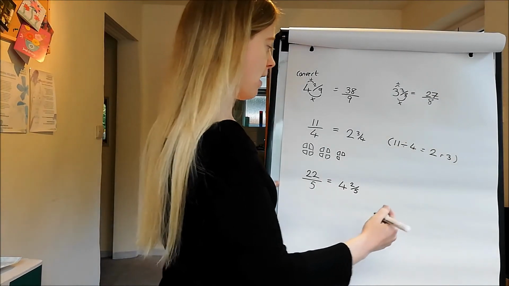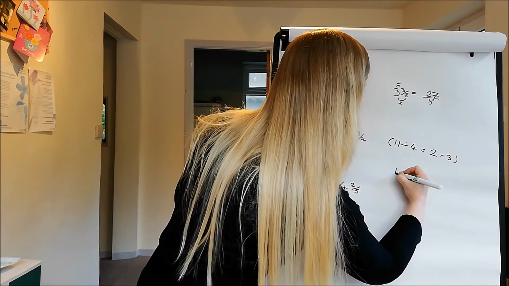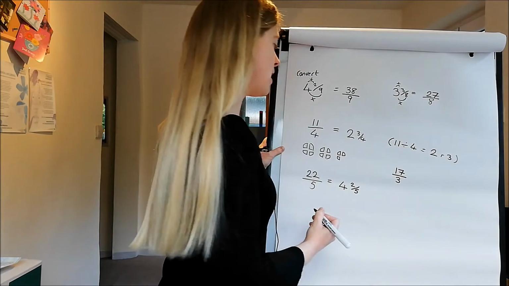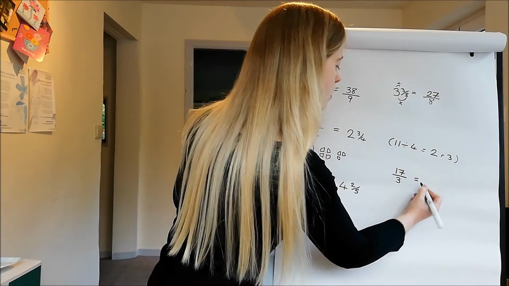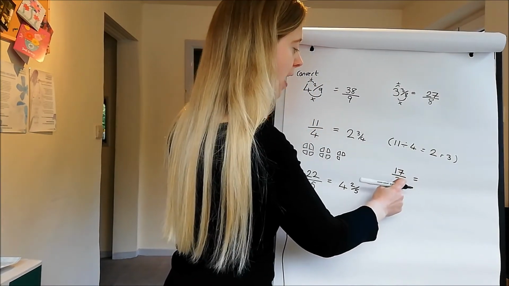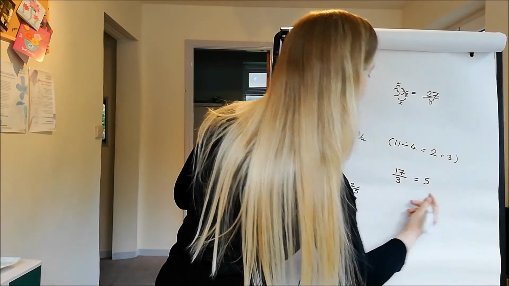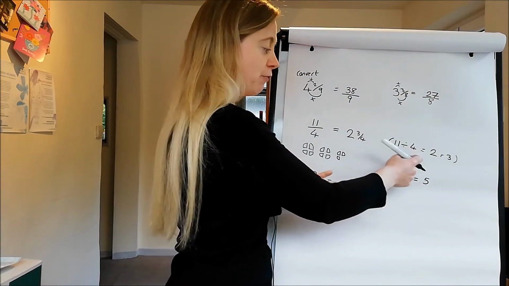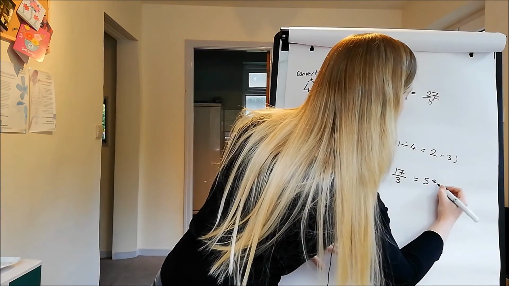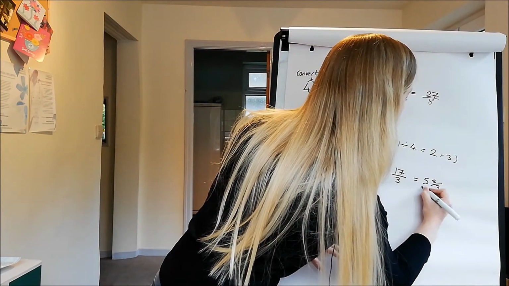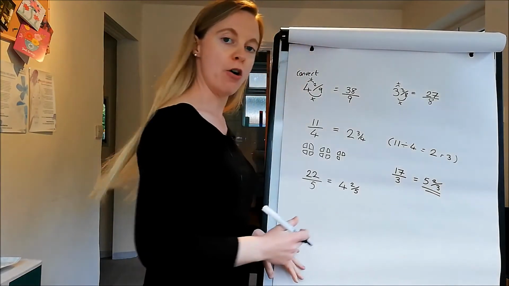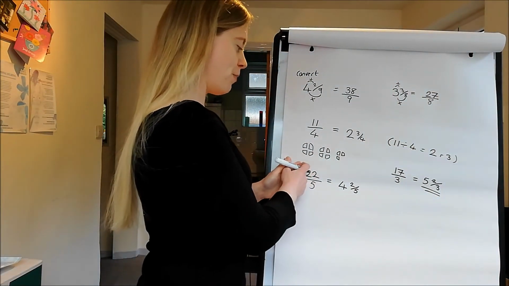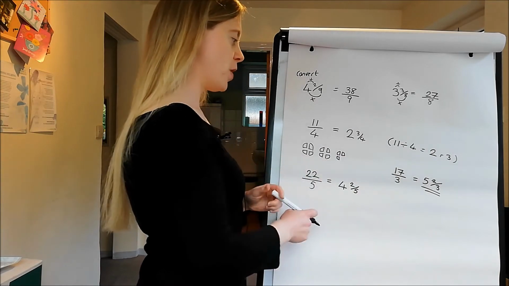If I have 17 over 3, 3 fits into 17 5 full times with 2 leftovers, and the question was in thirds, so I'll put it over 3. So that's how you go from improper to mixed numbers, okay?